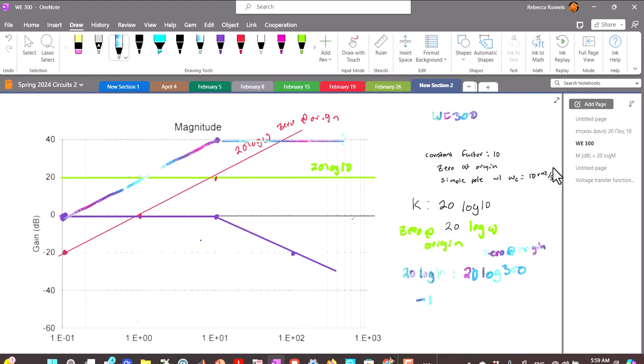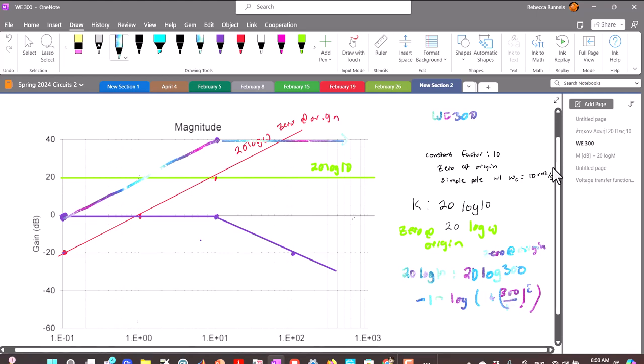And then the simple pole will be minus 10 log 1 plus my frequency 300 over my corner frequency, which was 10, squared. And then I would evaluate that and figure out what it is. And I will do an example of that in the next problem. I just don't feel like getting out the calculator.